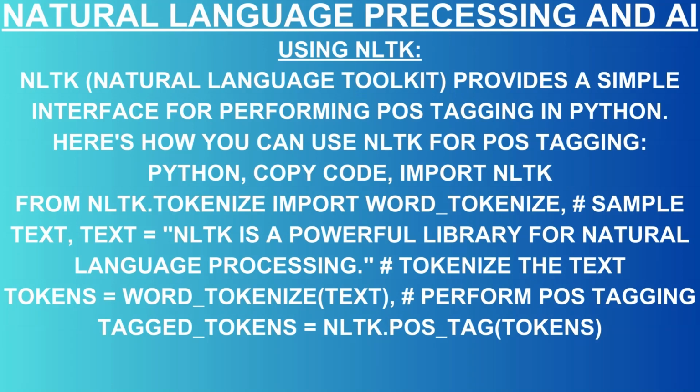Python: import nltk. from nltk.tokenize import word_tokenize. # Sample text. text = "NLTK is a powerful library for natural language processing." # Tokenize the text. tokens = word_tokenize(text). # Perform POS tagging. tagged_tokens = nltk.pos_tag(tokens).